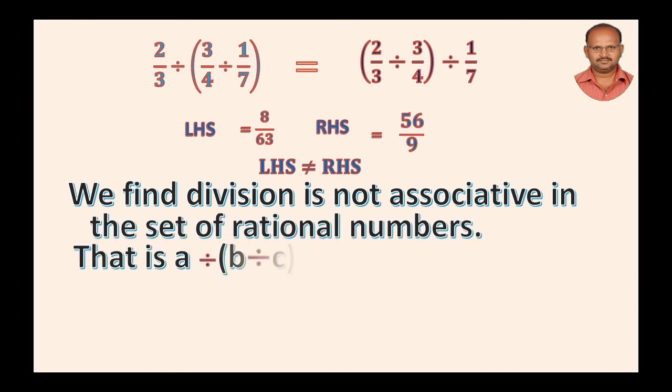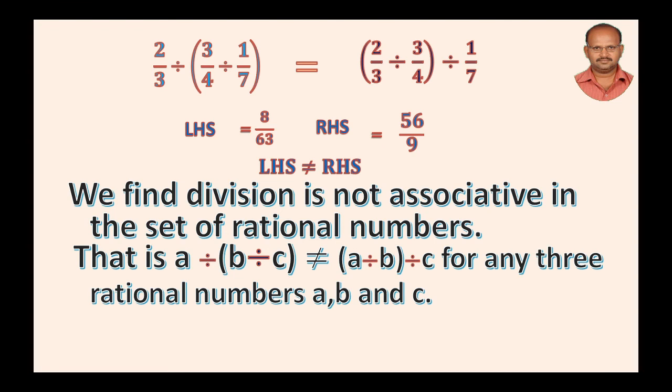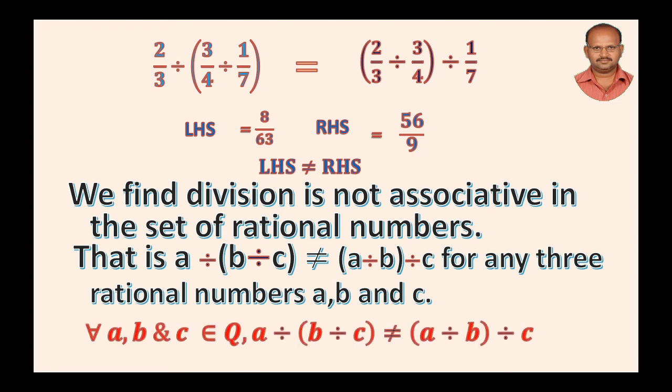That is, A divided within brackets B divided with C is not equal to A divided with B within brackets divided with C, for any three rational numbers A, B and C. For all A, B and C belonging to rational numbers, A divided with B divided by C is not equal to within brackets A divided B divided with C.